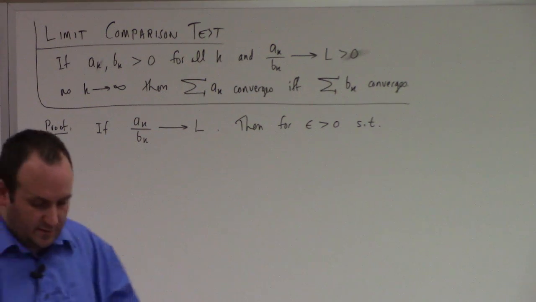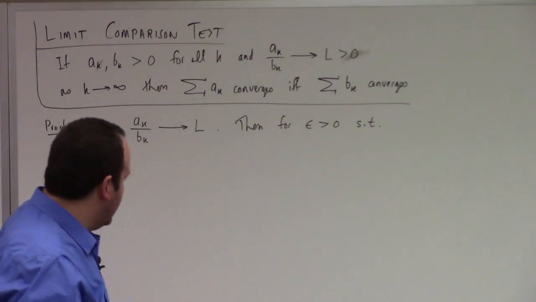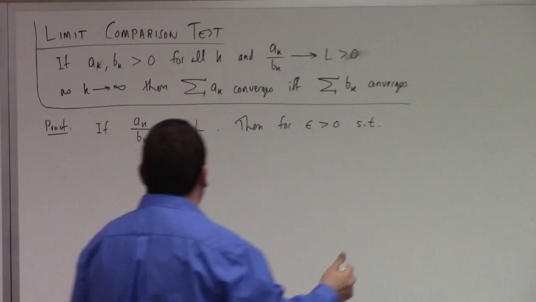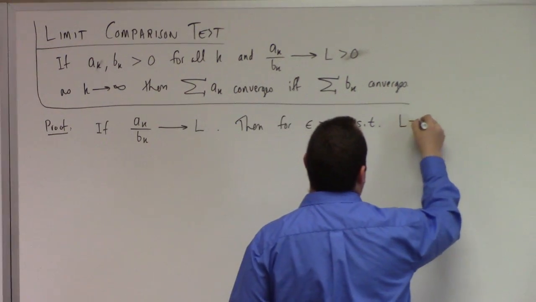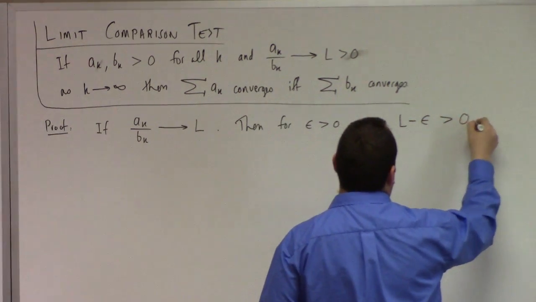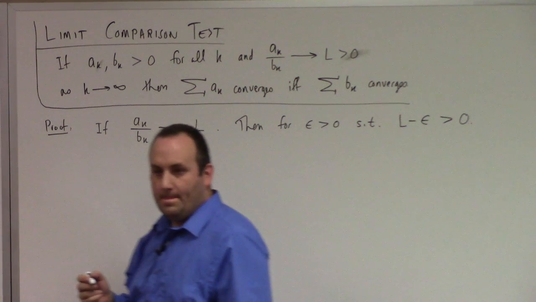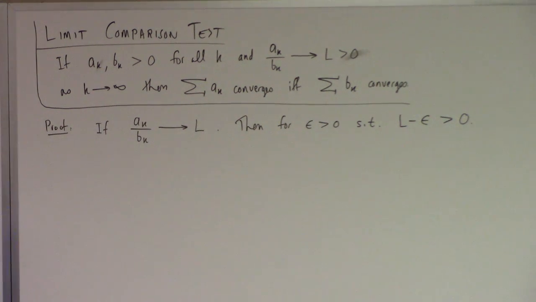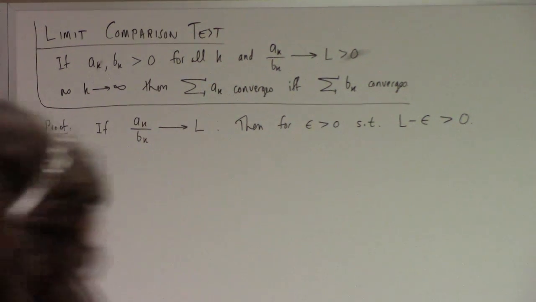In particular, you want to choose an epsilon such that L minus epsilon is greater than 0. So I'm going to choose an epsilon not too big, but big enough so that L minus epsilon is greater than 0.